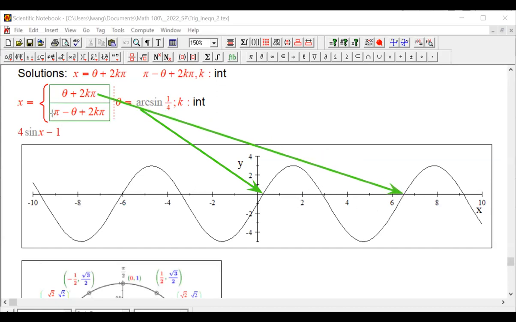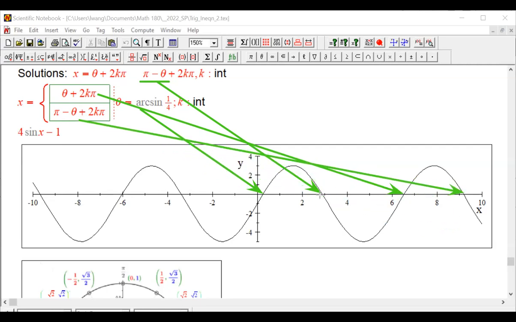How about pi minus theta? Okay, pi minus theta. This quantity is right here. And plus 2k pi, so this whole thing is going to be over here.